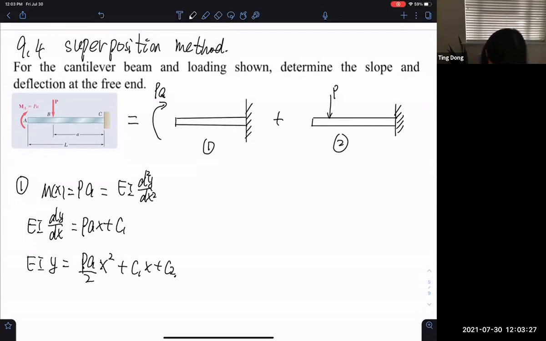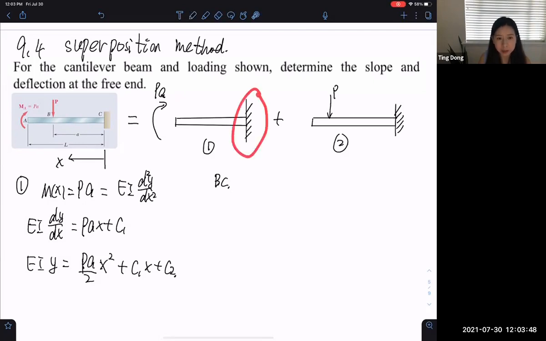So we can apply boundary conditions for this one. For this problem, it's much easier if you set x from right to left, because if you put the x-axis this way, for the boundary condition on this side, you can simply put x equal to 0. So we can make the calculation much easier by setting the x-axis from right to left.